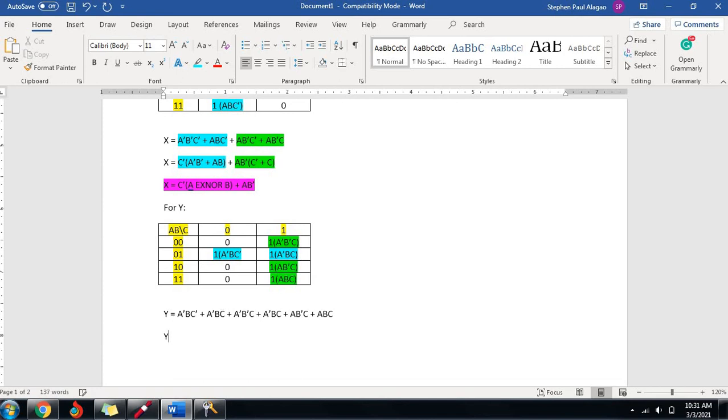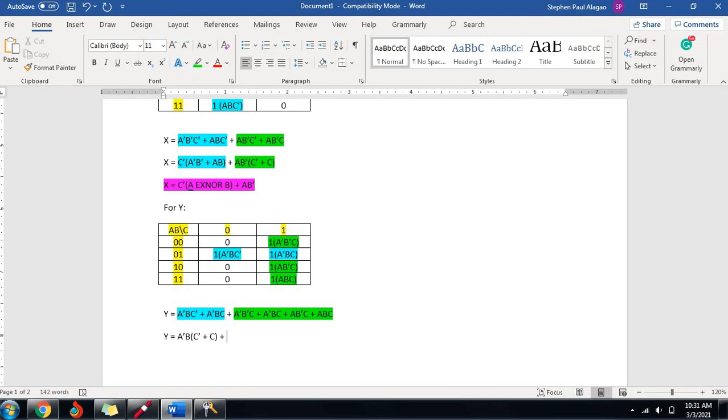Next, y is equal to, we're going to simplify. For the blue, what are the commons? For the blue ones, and this is the green ones. For the blue, the common is A bar and B, and then you have times C bar plus C. That will be cancelled, equivalent to 1.